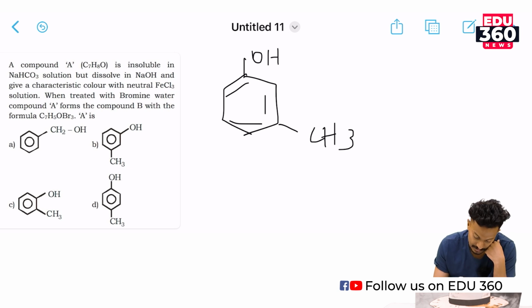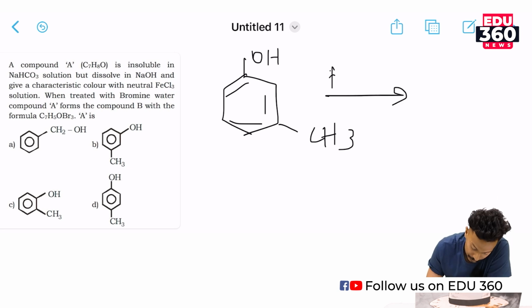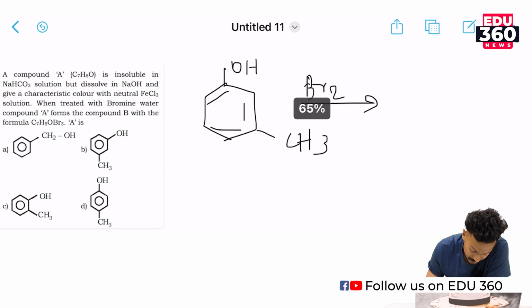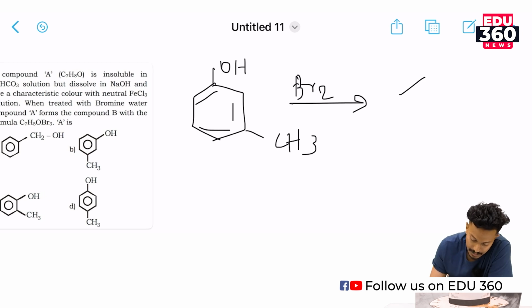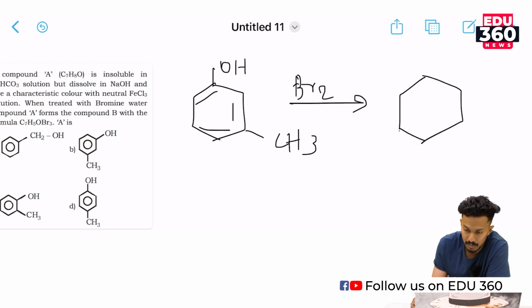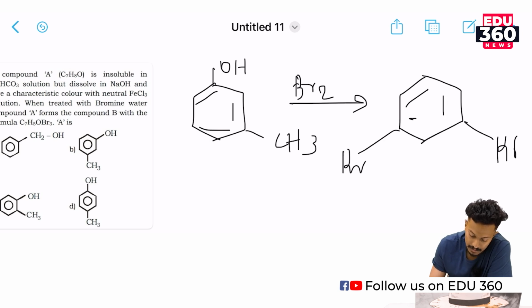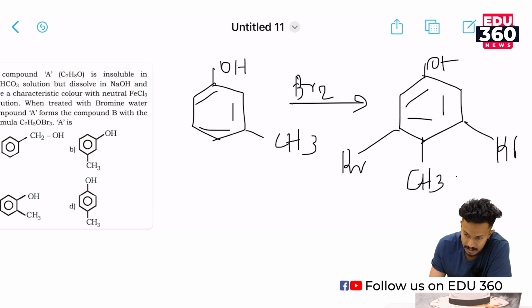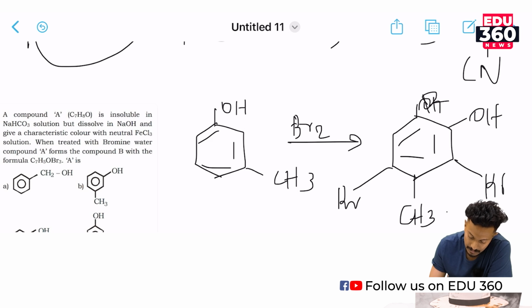When this is treated with ferric chloride and bromine, Br2, we get a tribromo product, with Br here, Br here, OH, CH3, and Br.